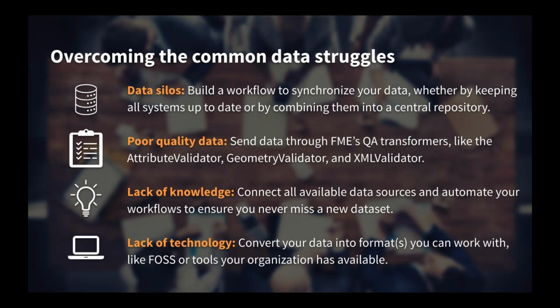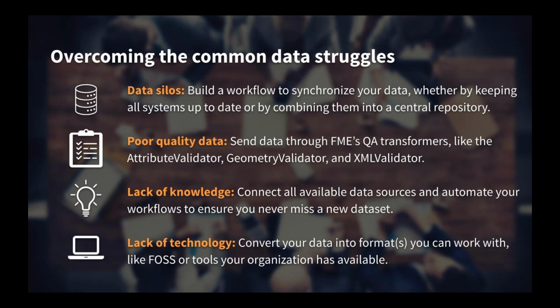So by building FME workflows, you're positioned to overcome these common data struggles that we talked about. So to get rid of data silos, you would build a workflow to synchronize your data, whether by keeping all systems up to date or by combining them into a central repository. To avoid poor quality data, you send data through FME's QA transformers.